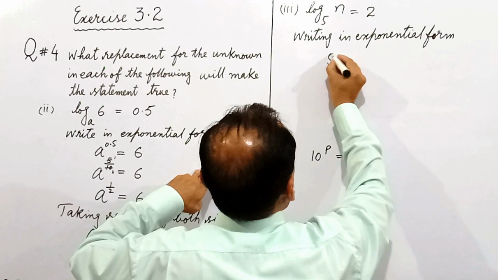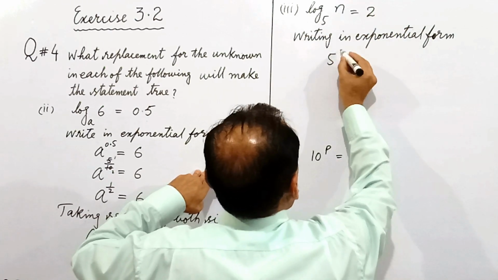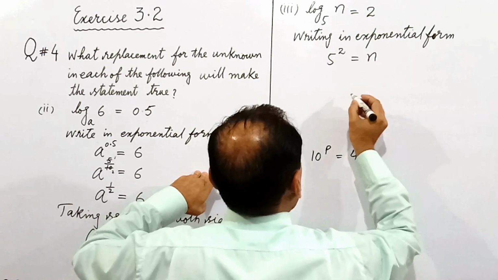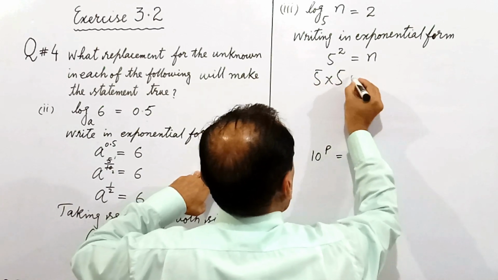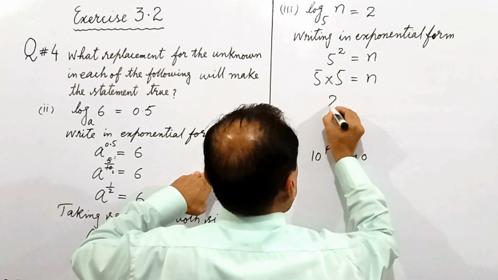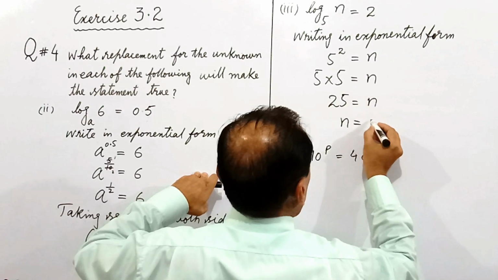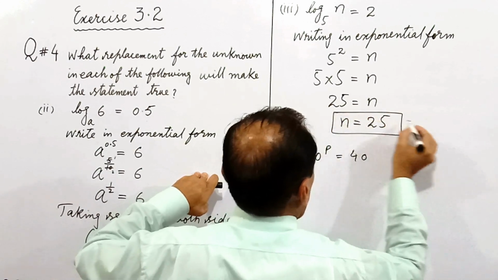We write the base as same, the equal value will become the power, and we have n on the right hand side. 5 raised to power 2 means 5 multiplied by 5, and that is equal to 25, and hence we got the replacement of n is equal to 25.